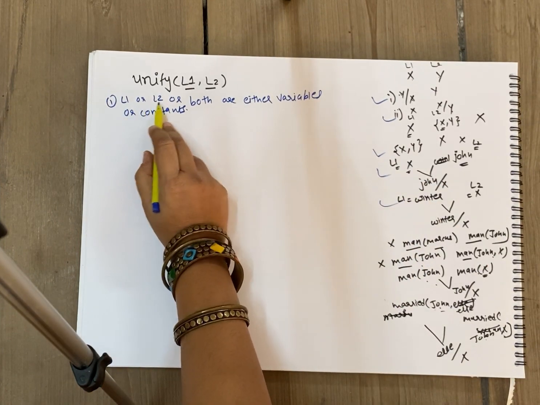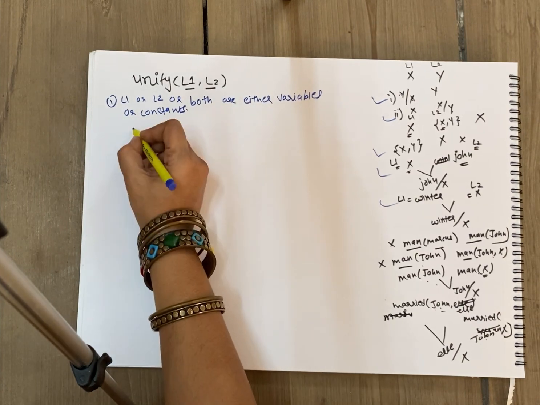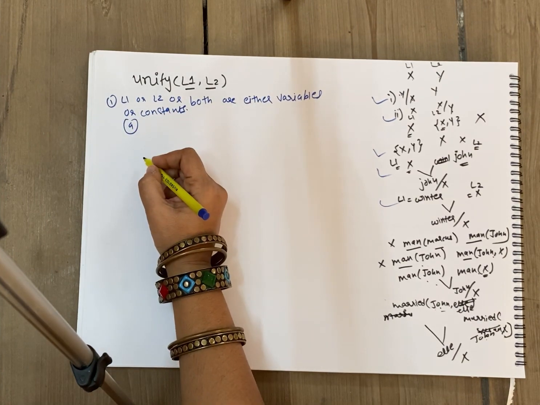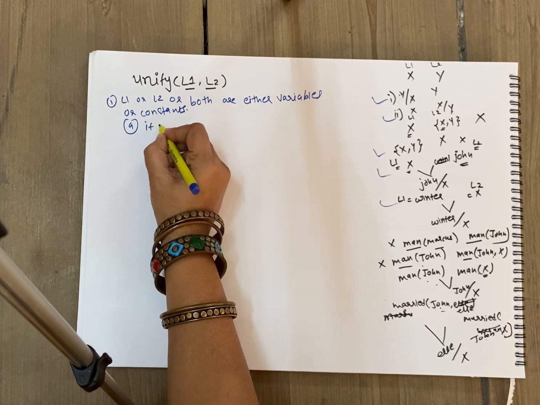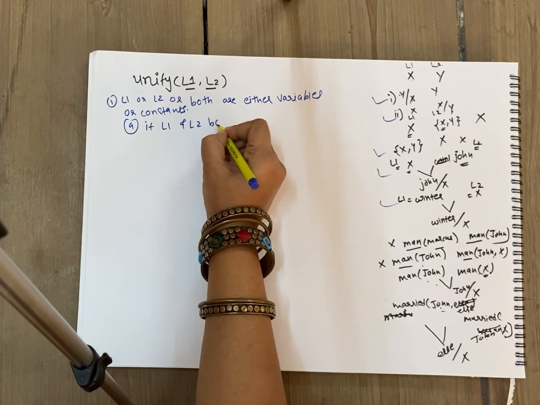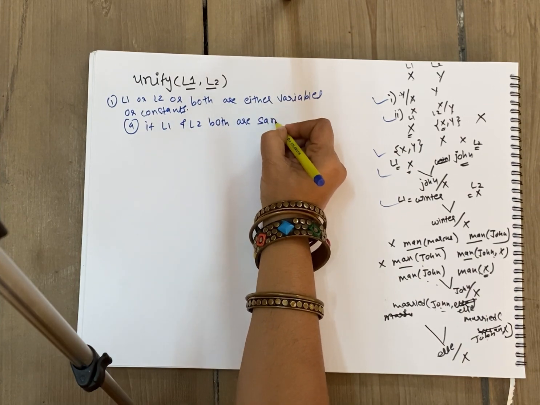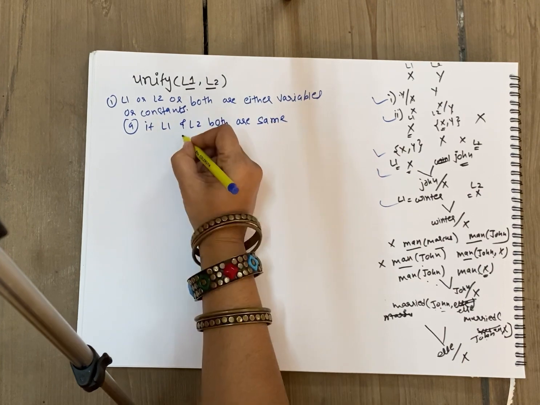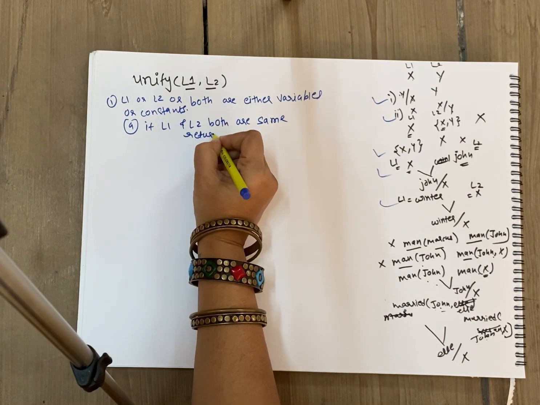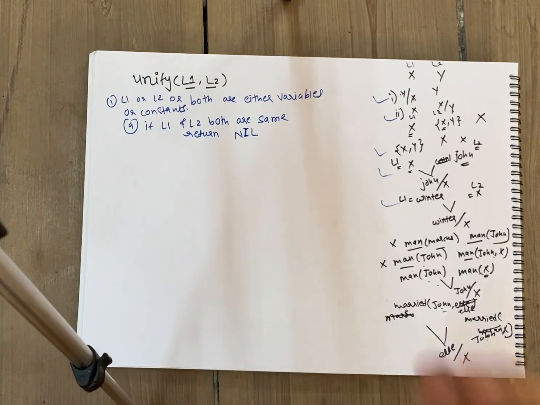What check are you going to do? The first check is if L1 and L2 both are identical, meaning the same, then return nil. Nil means true. We are not going to return false. Both are the same, so we are not going to do anything, return nil.